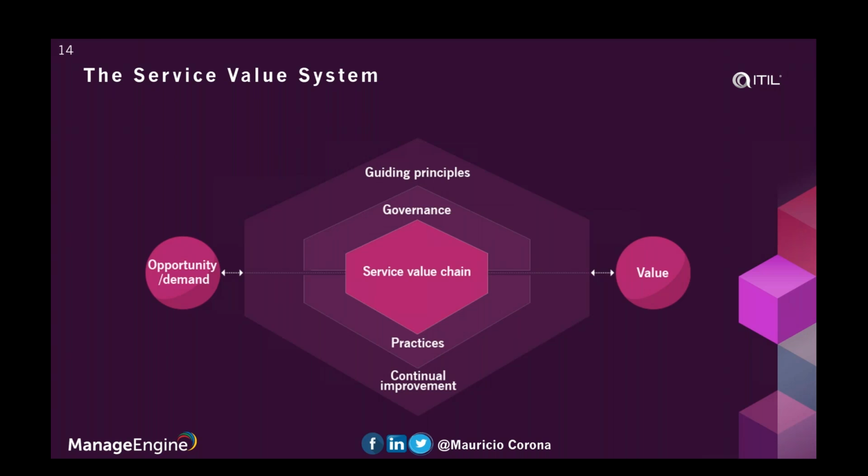You have guiding principles, you have governance, you have continual improvement at the bottom, and then through practices, instead of only speaking about processes, we're going to talk right now about practices. So processes have had an evolution into practices, and thanks to the practices, the service value chains will be enabled. So that's the second zoom.